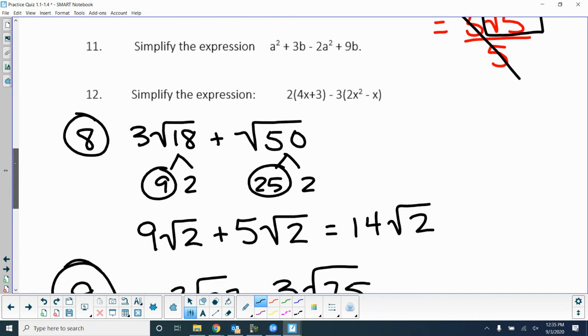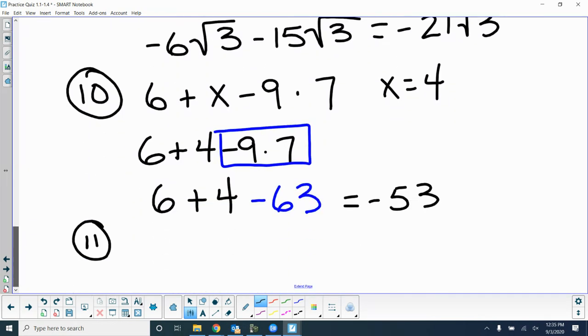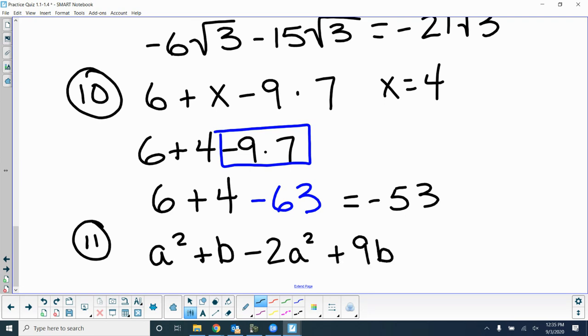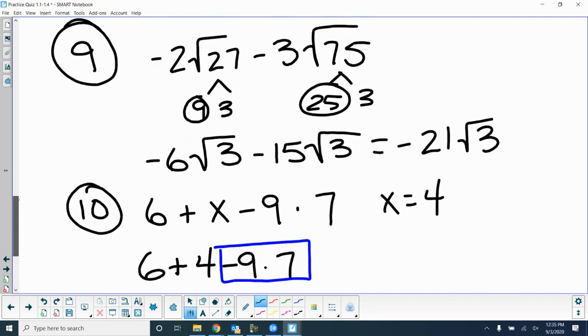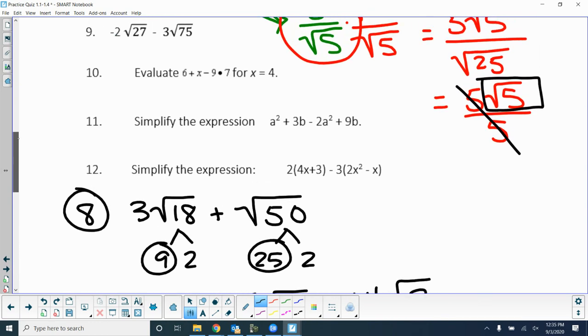A squared plus b minus 2a squared. Is it plus or minus 9b? Get the b part right? Oh, 3b.